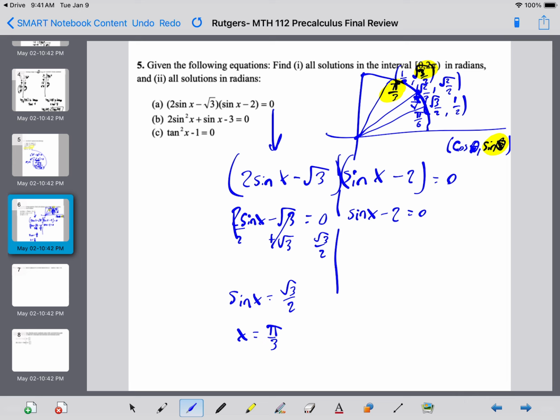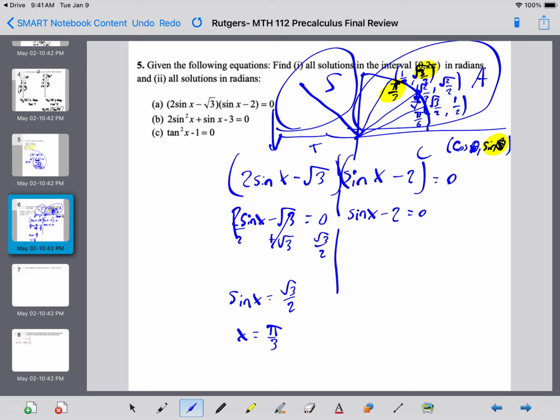So, as you know, all students take calculus. All the trig functions are positive. Here, only sine and cosecant are positive in quadrant 2. So, the angle with the reference angle of pi over 3 in quadrant 2 would be pi minus pi over 3.